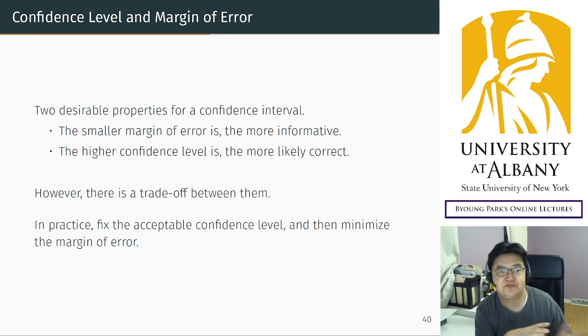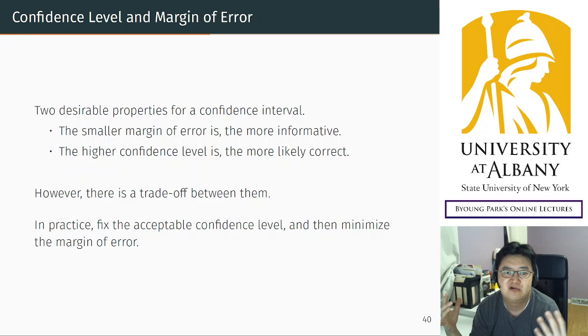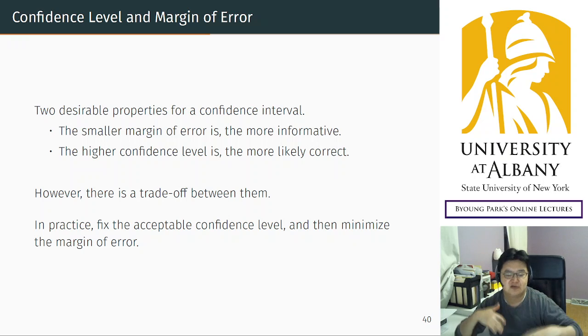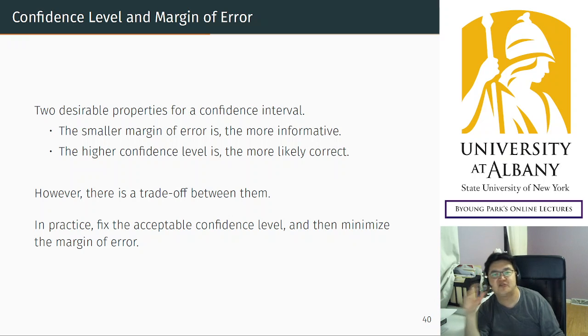On the other hand, you want to make the confidence level higher, right? More likely to be correct. These two are important criteria to find a good interval estimator. But as I said, they are a trade-off. You cannot achieve both at the same time.